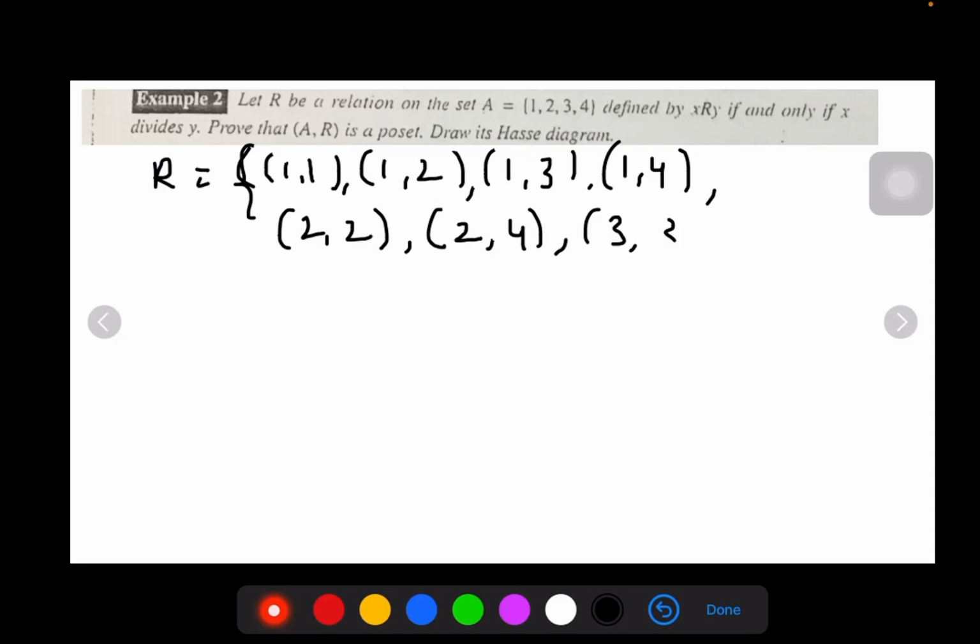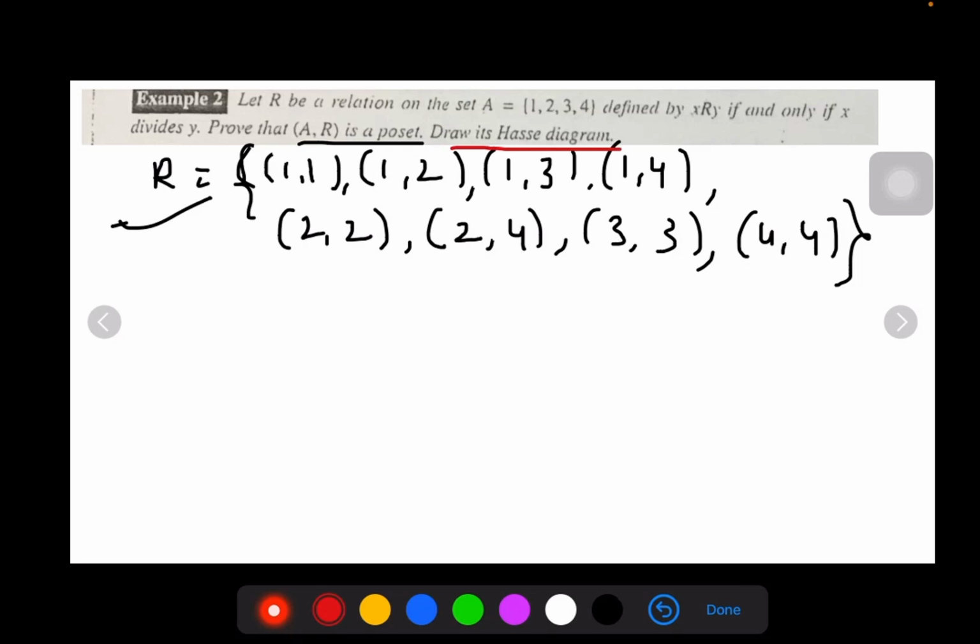Next 3 comma 3, 3 divides 3 itself, and 3 does not divide 4. 4 divides 4 itself. So these are the only elements. With this you can check whether it is a poset. You know how to check a poset? Check the first property, reflexive, antisymmetric, and transitive. If all three are satisfied, then it's a poset. You can verify later that it's actually a poset.